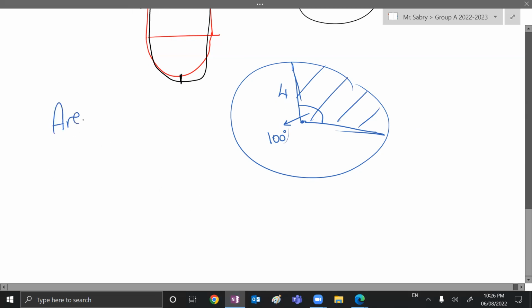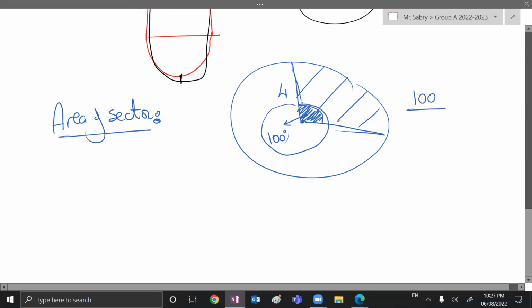The area of a sector is equivalent to the part of the angle. So the small angle here, which is this 100, over the full number of angles, which is how much? What's a full circle of angles? It's 360.